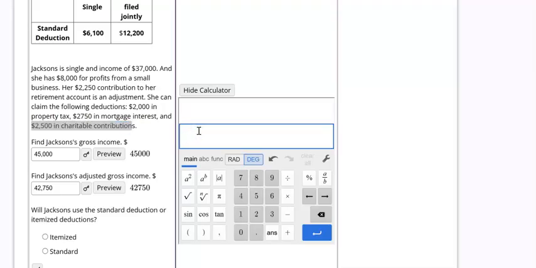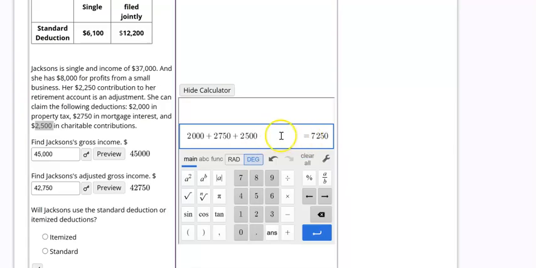So obviously the itemized deduction is bigger. So you add $2,000, which is property taxes, and $2,750, that's the mortgage interest, plus $2,500, that is the charitable contribution.